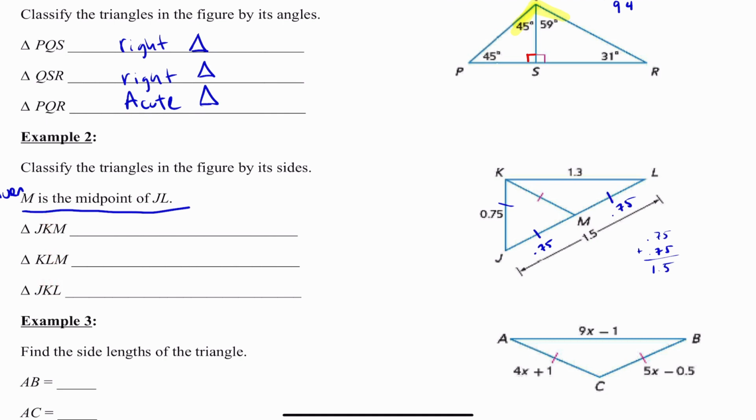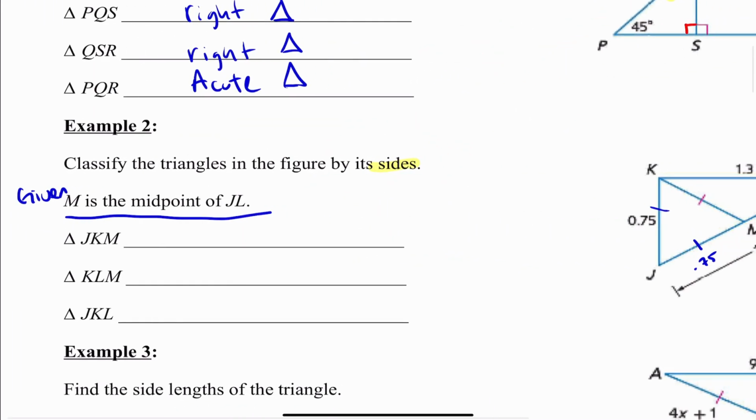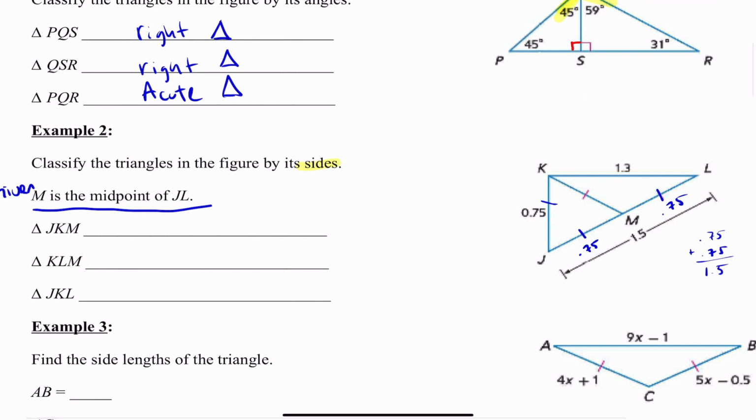And I'm classifying the triangles in the figure by its sides, so I'm going to be using one of these things, okay? So triangle JKM, close it. These sides are congruent, so I can go ahead and say that this is an equilateral triangle. And then triangle KLM, close it.